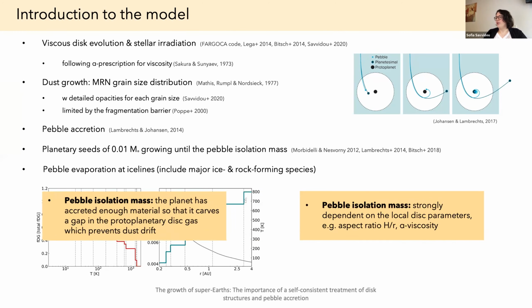I also wanted to mention that the pebble isolation mass is strongly dependent on the local disk parameters, for example the aspect ratio that I will talk about later, and the alpha viscosity. These are the major ones. So it is important to have a model and to check what happens with the disk structure for those specific parameters, and see how the growth of the super-Earths will be affected.